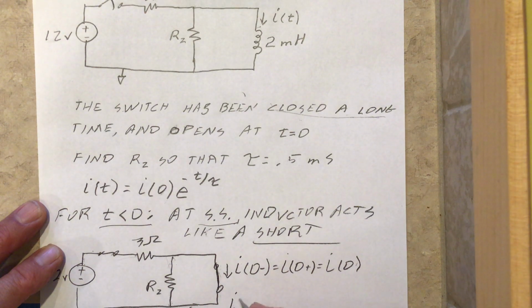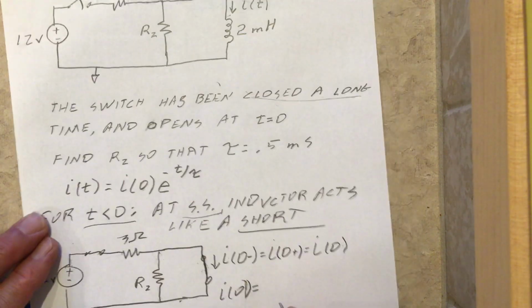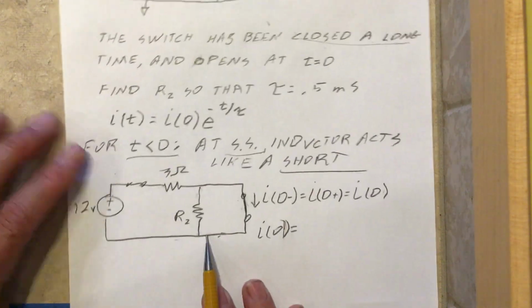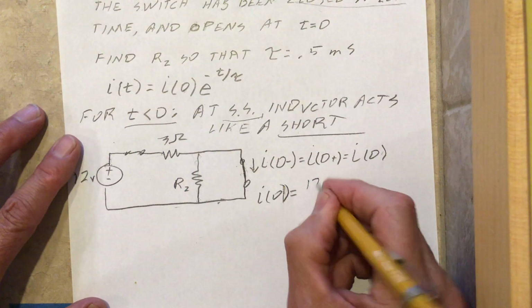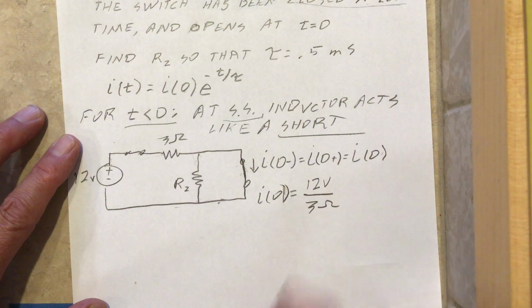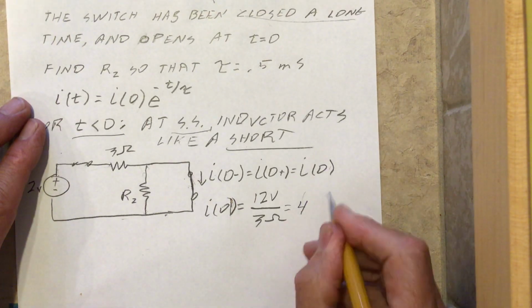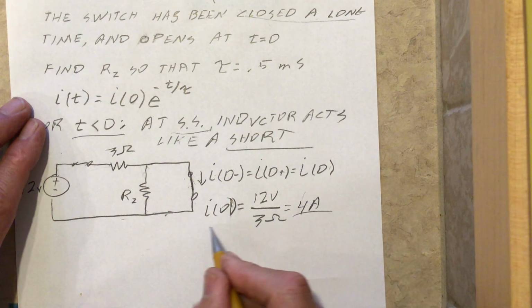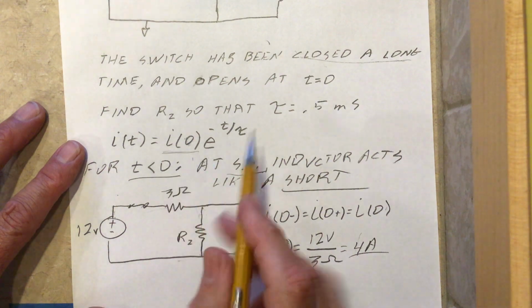And this I sub 0 then, there's a bump there. All right. It's just going to be Ohm's law, voltage divided by the resistance, 12 volts, 3 ohms. That's going to give me 4 amps. So good, we're on the road. We've got this part of the equation.